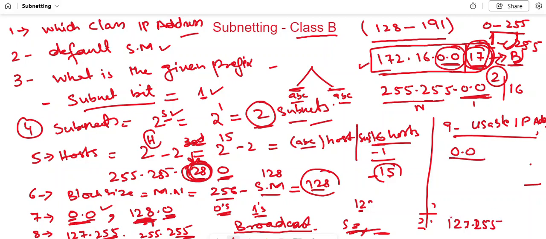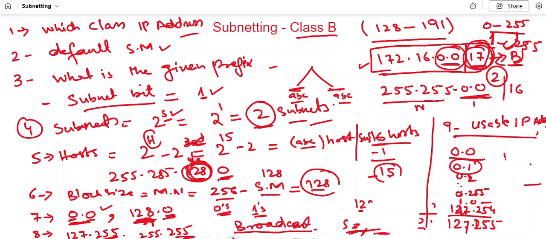So this is the network address and this is the broadcast address for the first network. It will start from 0.1, 0.2, and so on. When it reaches 0.255, then it will be converted to 1.0, and so on, and then you will reach the last, which will be 127.254, just before the broadcast address.